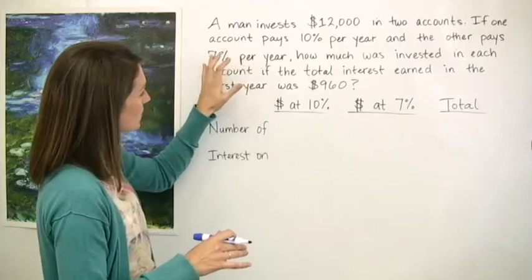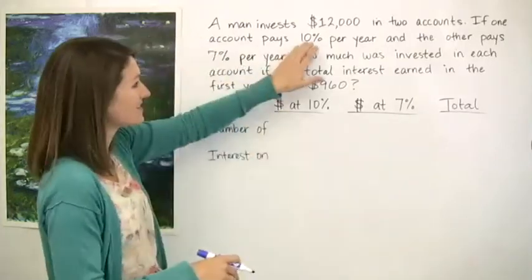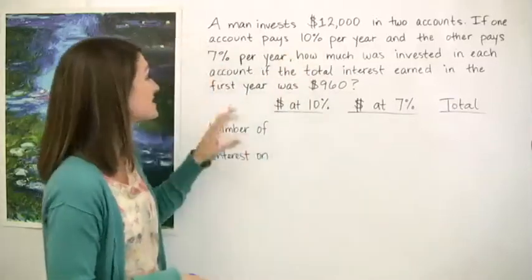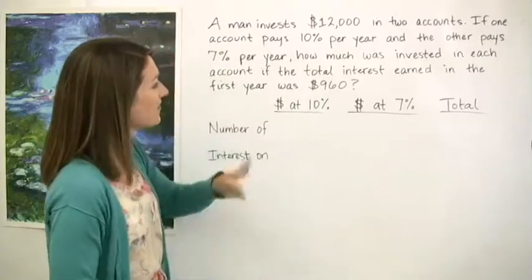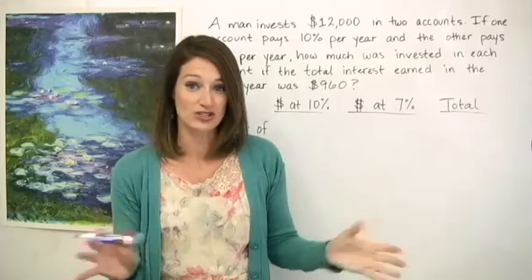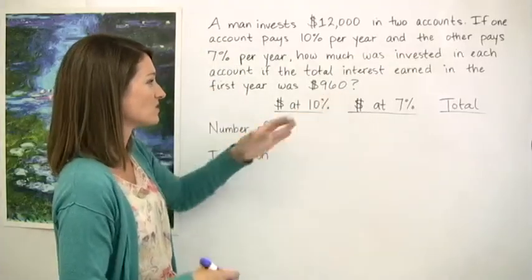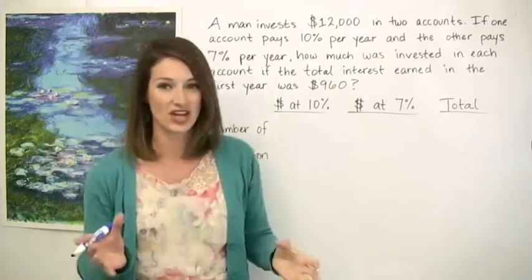The second thing that we know is that the first account that he put some money into pays 10% interest per year. The next thing we know is that the second account pays 7% interest per year. And then at the end of that year, the total interest that those 2 accounts earned combined was $960. So we need to find out how much was invested in each account.